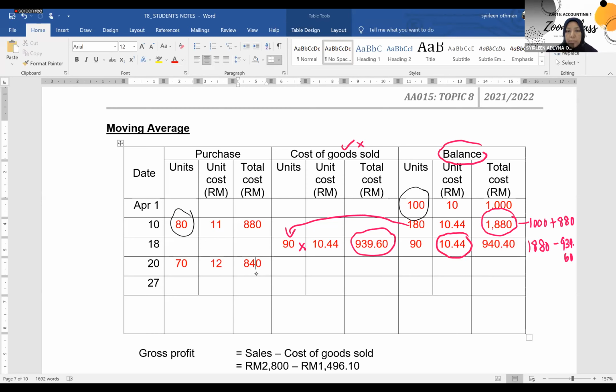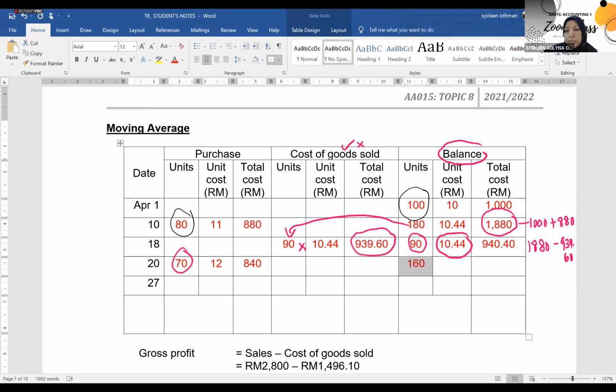Okay, so now my latest inventory unit dia dah berubah. 90 ni kita akan campur dengan 70, so latest unit will be 160. Okay, yang ni akan jadi 160 unit. Tetapi berapakah harga kos seunit?